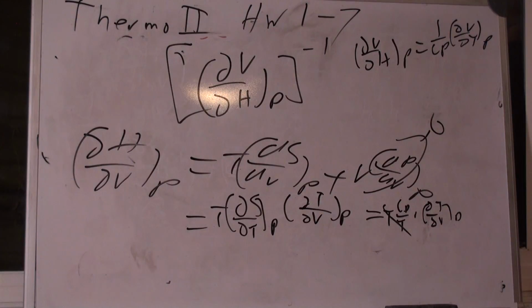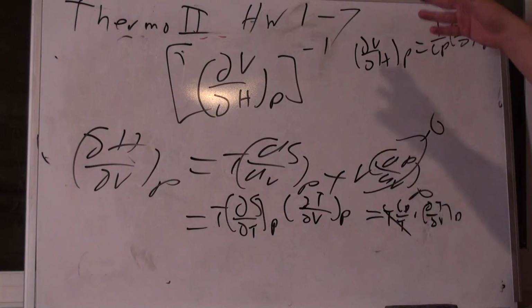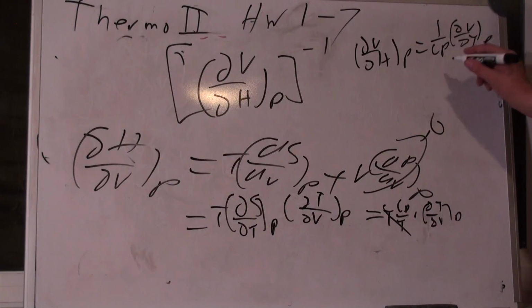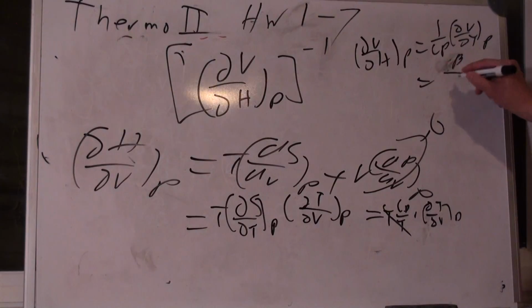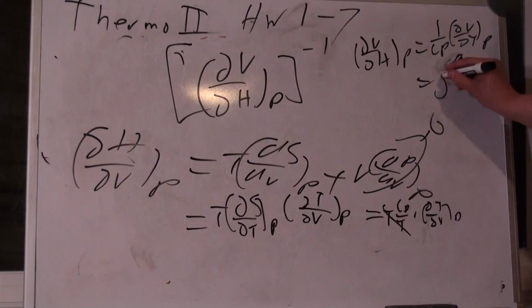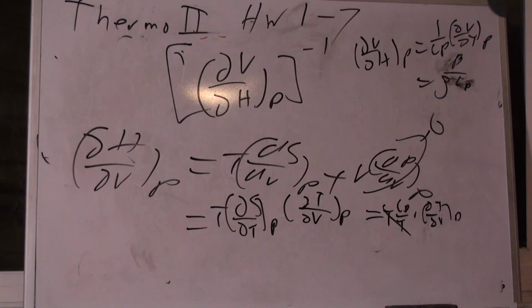Possibly. Well, let's just do it that way then. Because heat capacity. Now, for those at home, we did simplify this to become alpha over beta over rho Cp. But we don't need to do it in this case, actually.